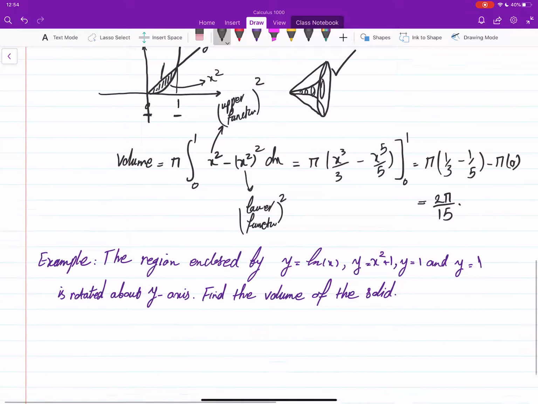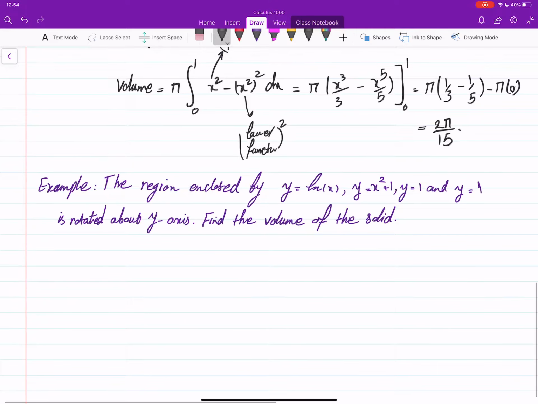Well, the same story will go for the rotation about the y-axis.